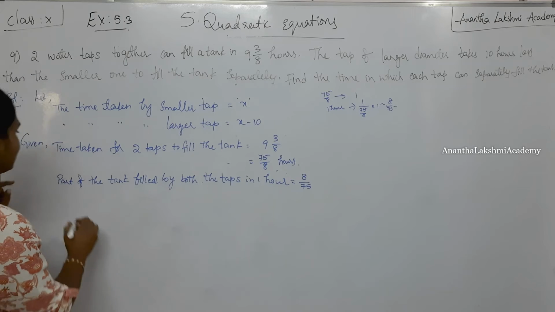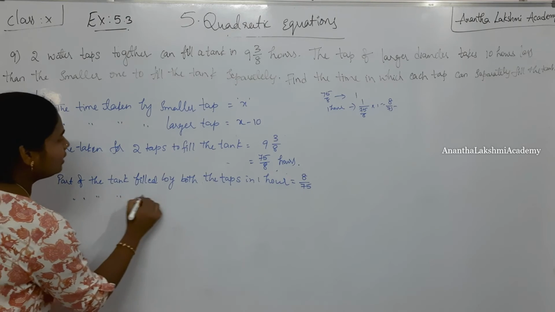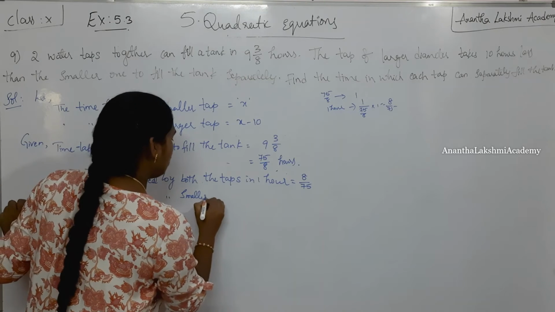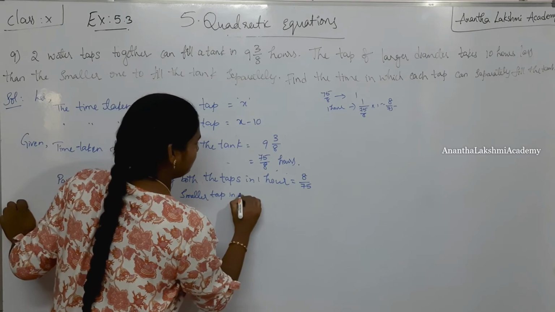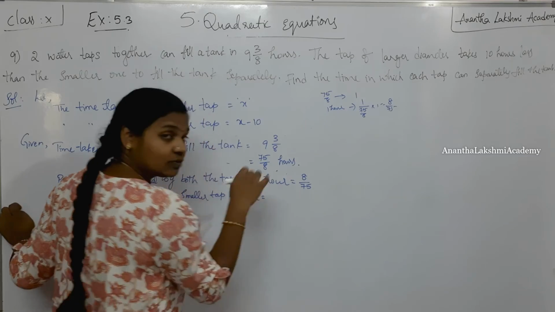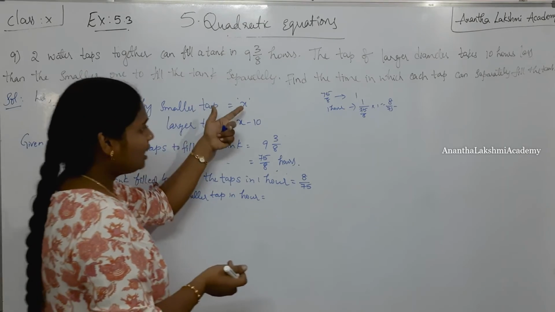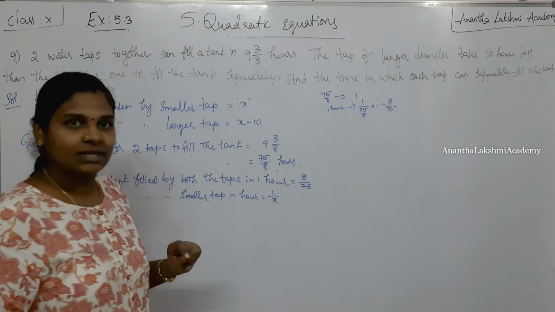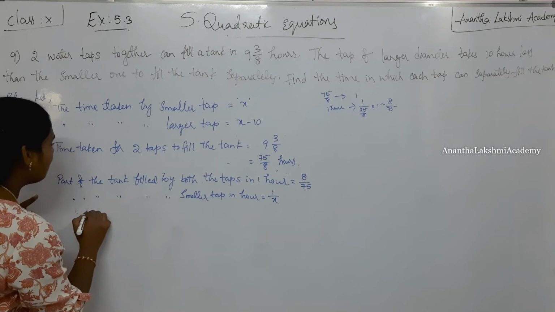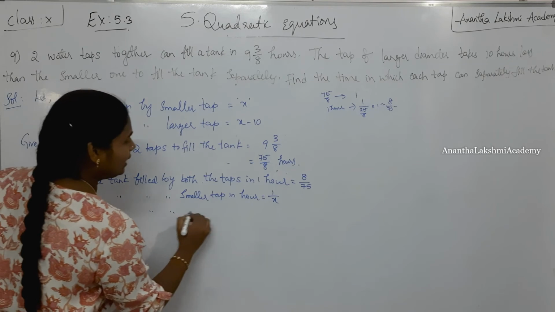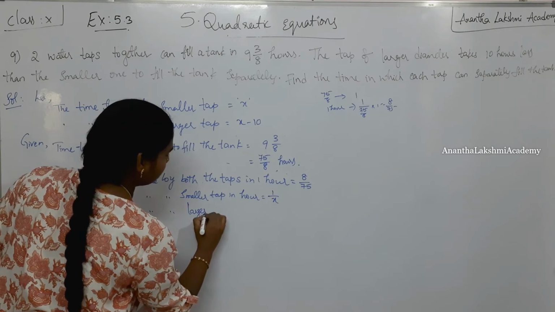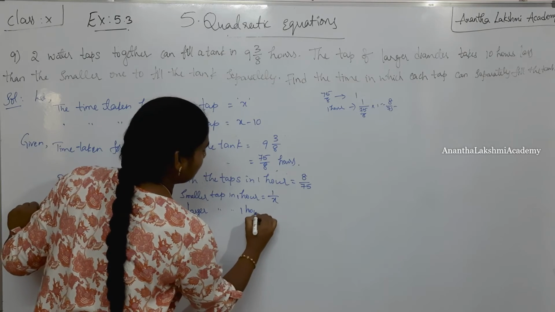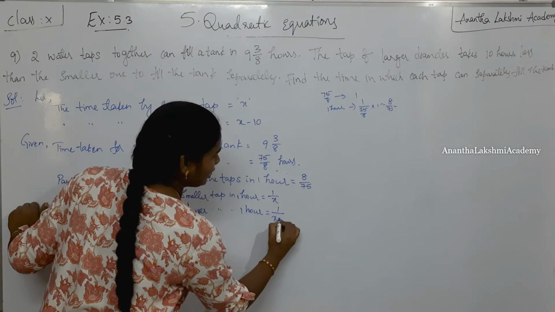Now likewise, the part of the tank filled by the smaller tap in 1 hour. How much of the tank can it fill? Using this, it can fill 1 by x part of the tank. Likewise, the part of the tank filled by the larger tap in 1 hour is nothing but 1 by x minus 10.